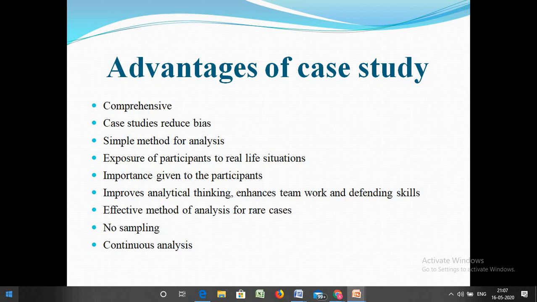Next, a very important advantage is that case studies are an effective method when it comes to the study to be undertaken on rare cases where large samples of similar participants are not available.